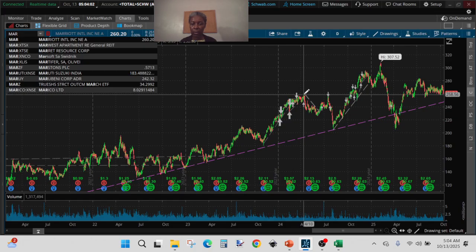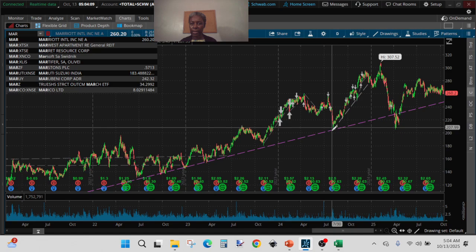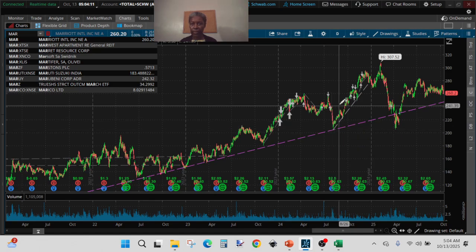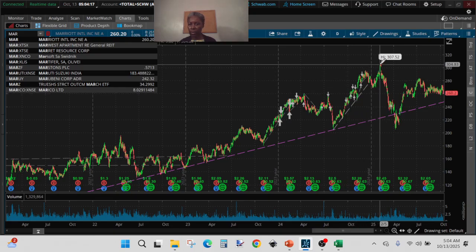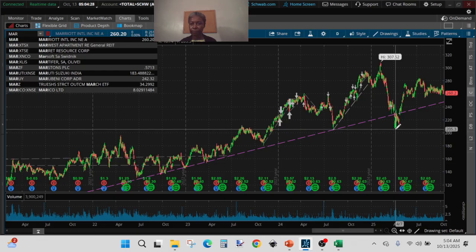And then this one was higher too, but then it pulled back again. From October all the way to February, about 5 months or so, and it pulled back again.